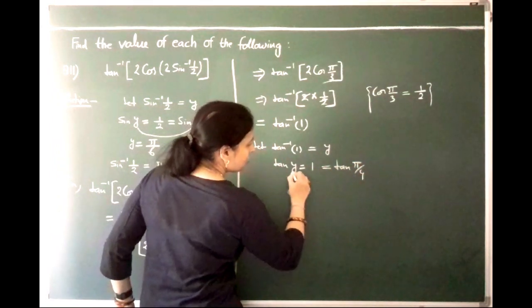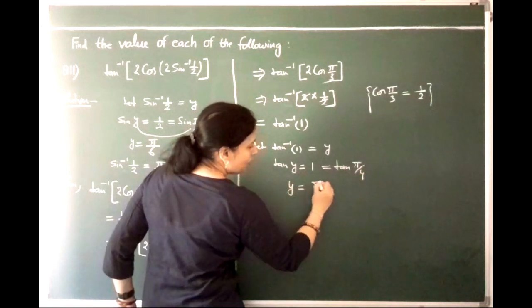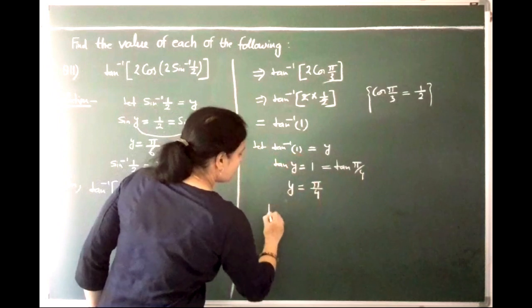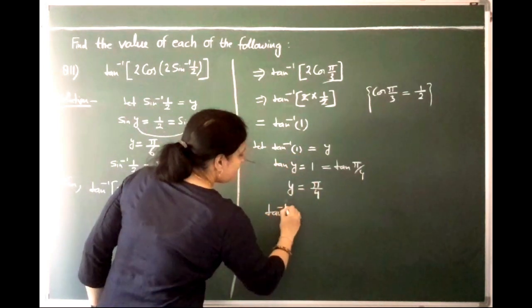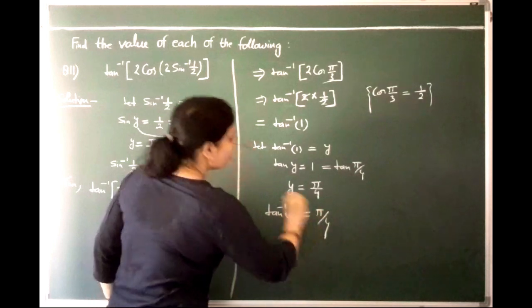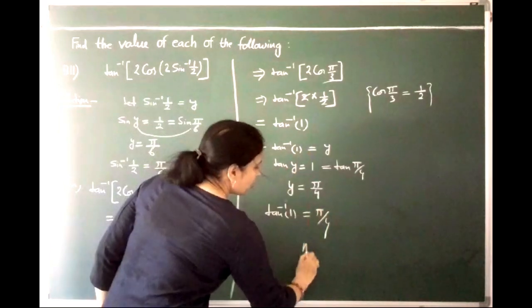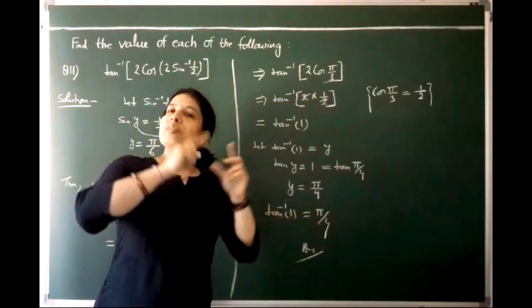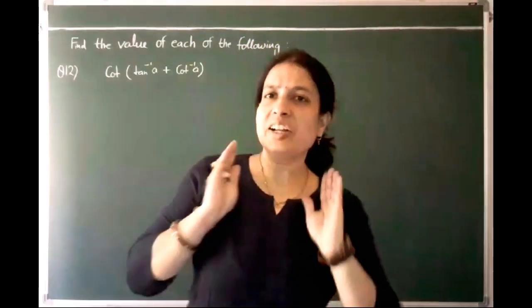We can write y is equal to pi by 4, and y is equal to tan inverse 1. So tan inverse 1 will be pi by 4. So this is your answer. Tan inverse 1 is equal to pi by 4. So pi by 4 is our answer. So let us see the next question.